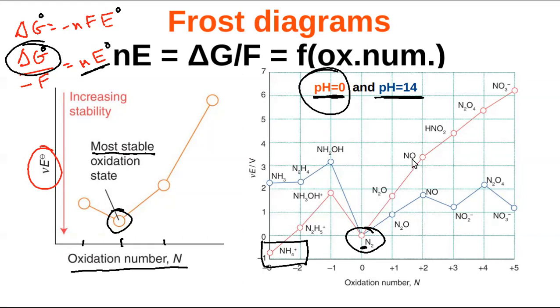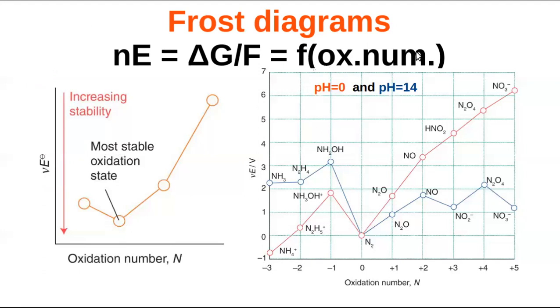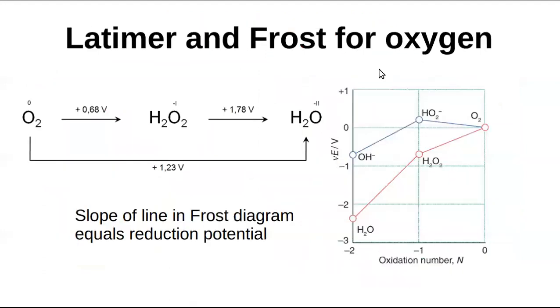N2O is less stable, and NO, all of these are at a higher delta G upon minus F value. So they should be less stable. And also on the opposite side here.